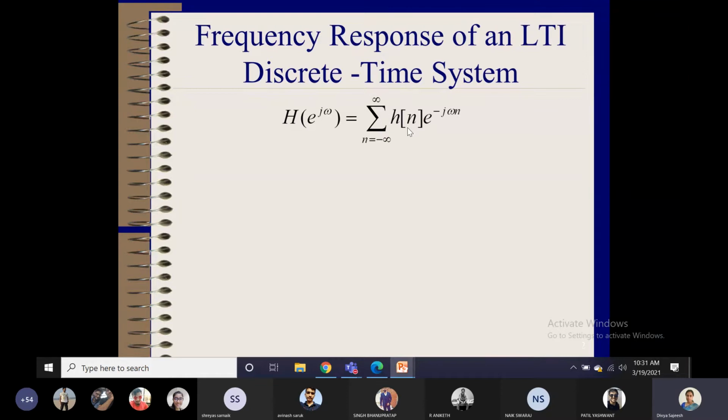So it is the summation of that impulse response, h of n into e raised to minus j omega n. So e raised to minus j omega n will convert this impulse response into the frequency domain.